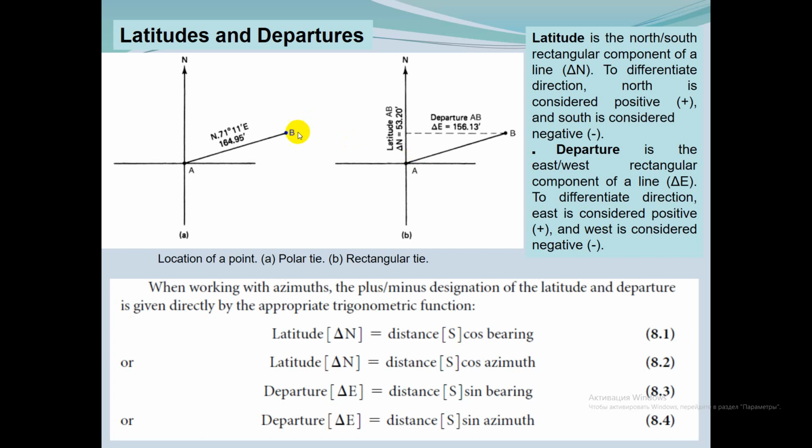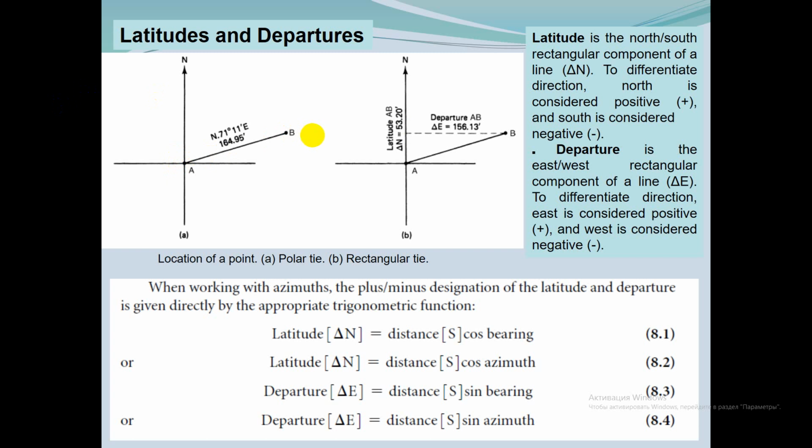Here point B is located by polar ties from point A by direction N 71 degrees and distance 164.95 feet.